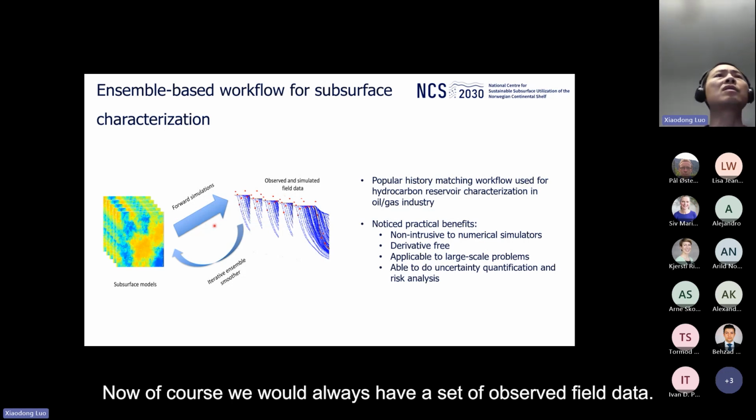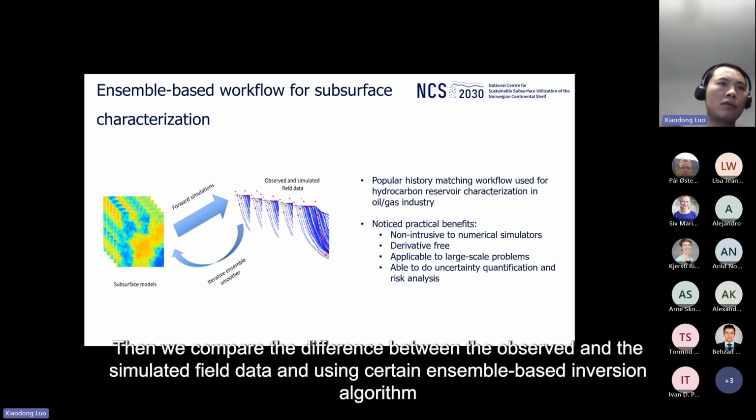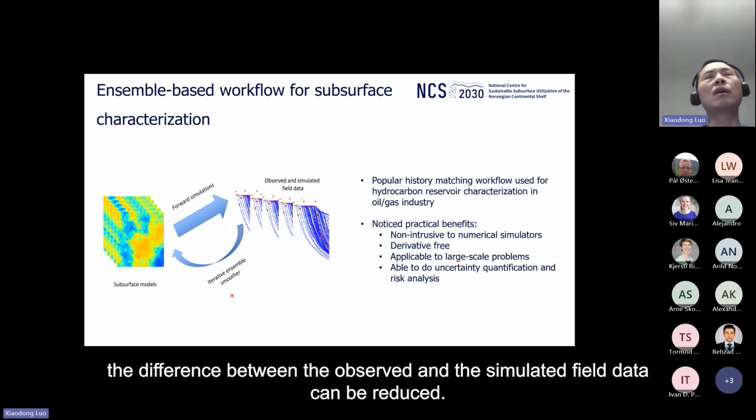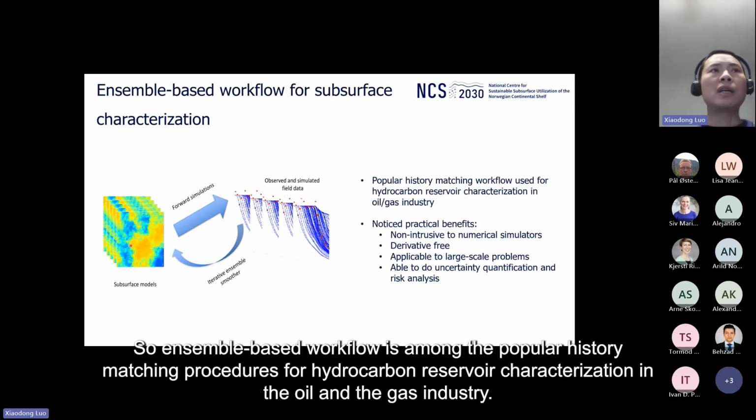Given a set of observed field data, we compare the difference between the observed and the simulated field data, and then use an ensemble-based inversion algorithm to update the ensemble of subsurface models in such a way that, after the model updates, the difference between the observed and the simulated field data is reduced.